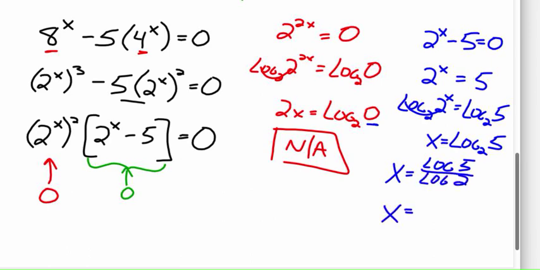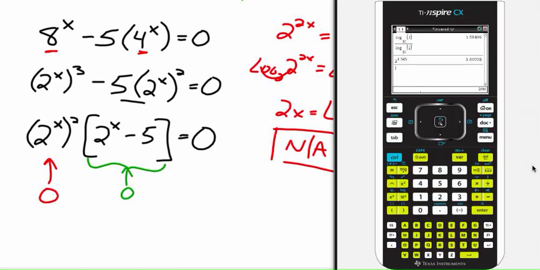And now, let's go back to my calculator and see what we get. So we're going to use our division function. In the numerator, we're going to have our log of base 10 of 5 over log base 10 of 2.